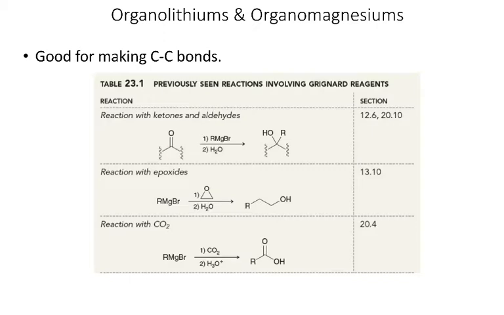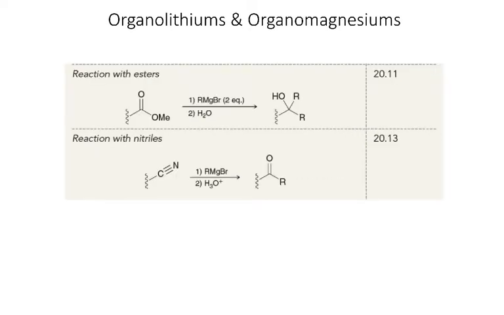And so here we've added an R group to this carbonyl group. In this case, we've inserted an R group into this ring, but we've created a carbon-carbon bond. And here we've added a carboxylic acid group to the end of an R group, but again, I'm creating a carbon-carbon bond. And these are just 2 additional examples, but again, the key is I'm creating these carbon-carbon bonds.